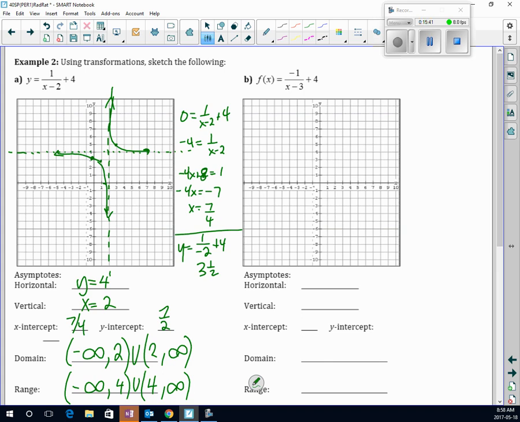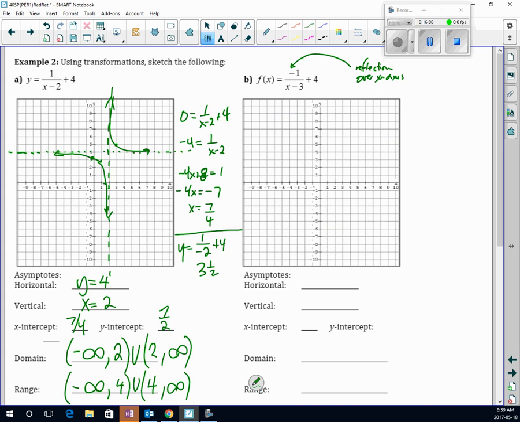Okay. Next one. What happened here? It got shifted to the right 3 and up 4. But there's something that happened before that. There's a reflection over the x-axis.